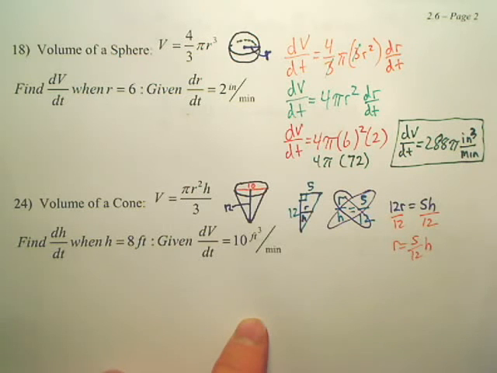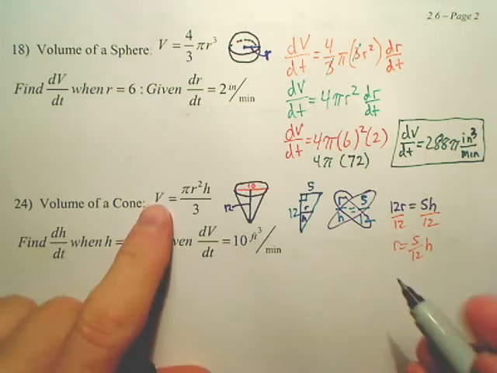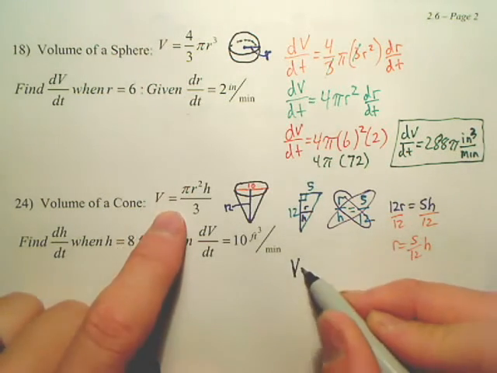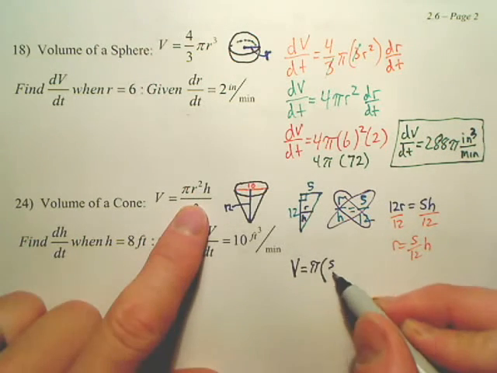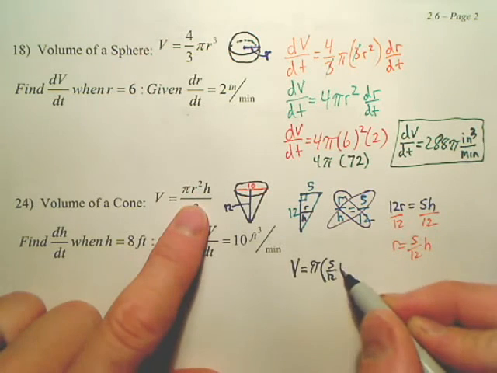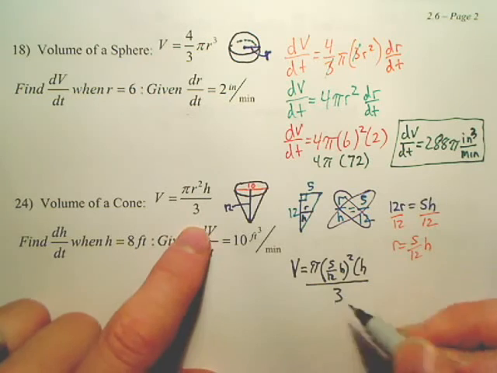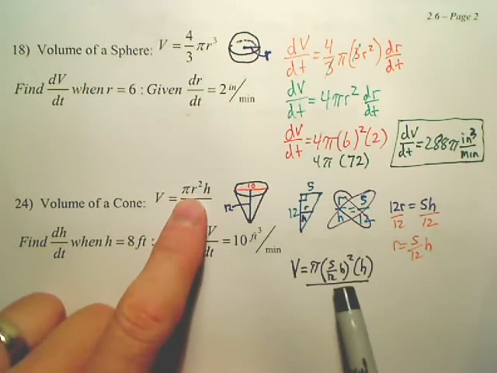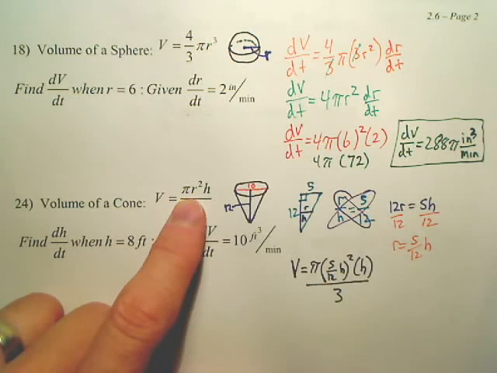Why did I want to do that? Because if I go back to my original formula, V equals, pi, I want to replace r with 5 over 12 h. You see now, in this equation, instead of r, I now have it in terms of h. It's called substitution.